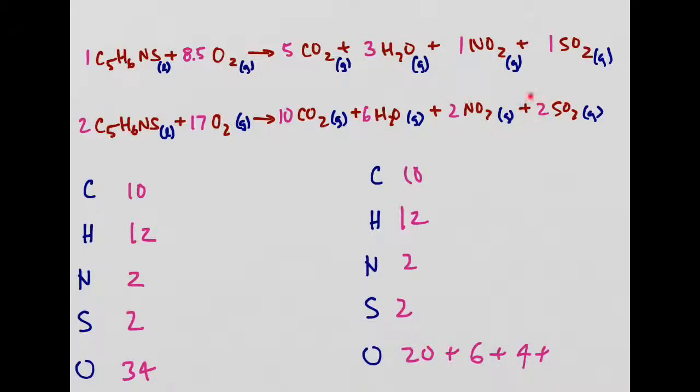And then we have the 2 times the additional 2 here. And again, that's 4. All right? So if we add up 20 plus 6 plus 4 plus 4, lo and behold, surprise, surprise, that is going to equal 34. So there you have it. We've balanced that equation perfectly.